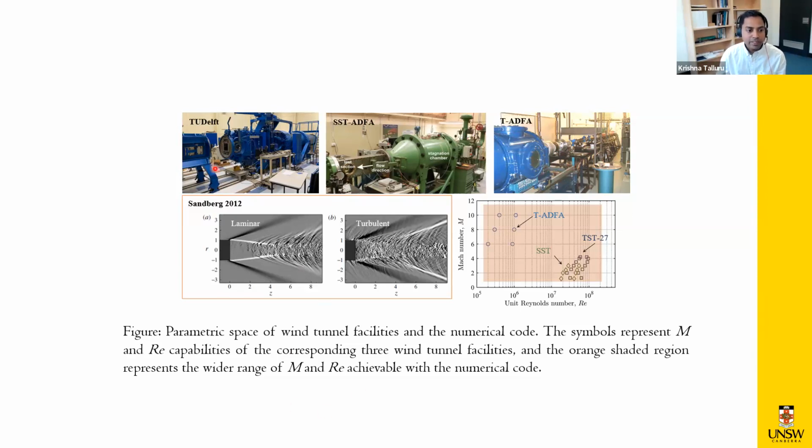My colleague Woutin is currently at TU Delft, where they have access to supersonic wind tunnels that can go up to Mach 4.5 without condensing. And I'm also collaborating with Professor Richard Sandberg at Melbourne Uni with his HiPSTAR code.